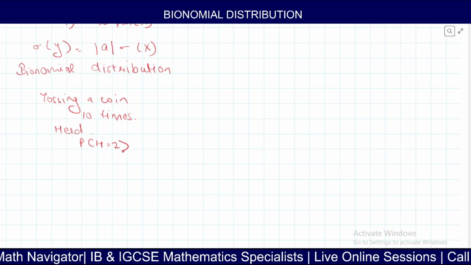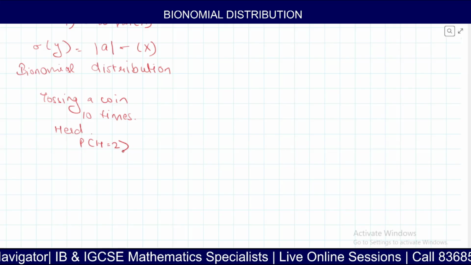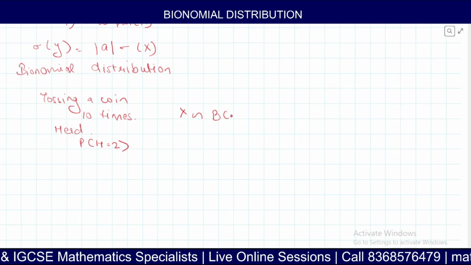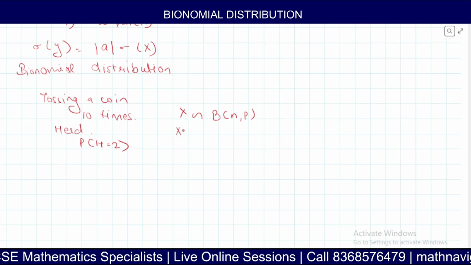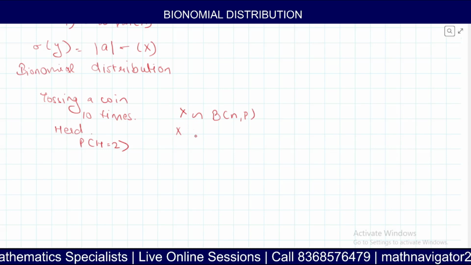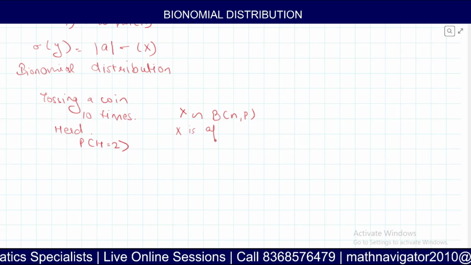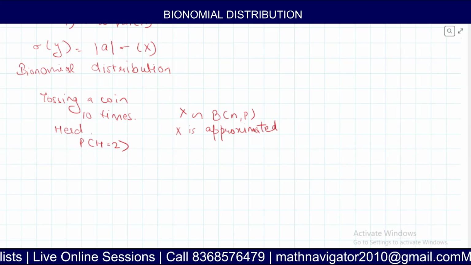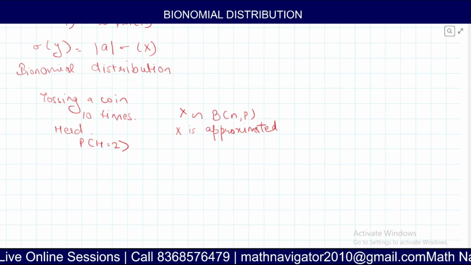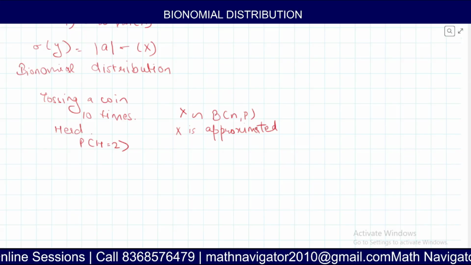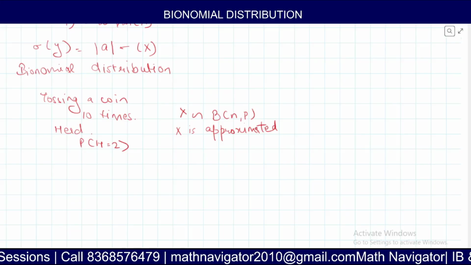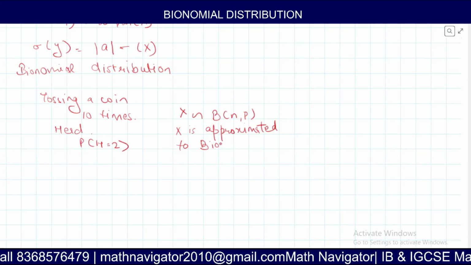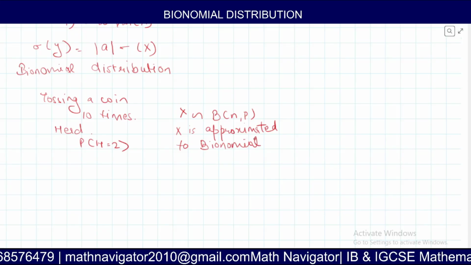For this, I will use binomial distribution, where X, my discrete random variable, is approximated to a binomial distribution with parameters n and p.